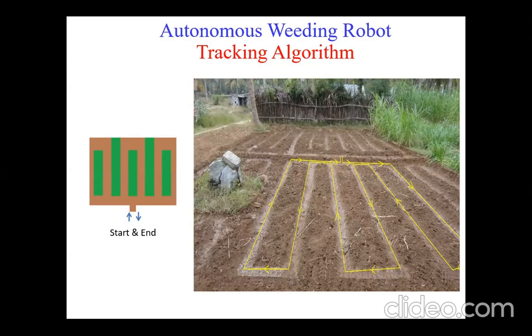Based on the number of furrows and ridges, we want to make an algorithm so that your robot is going to travel in the correct direction and in the correct manner. Here we have developed an algorithm to track your furrows and ridges. This is a simple pictorial representation of how the robot moves. Maybe in your video it is very simple to understand.